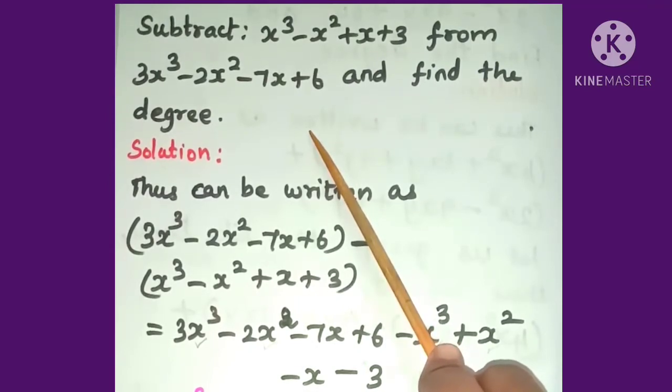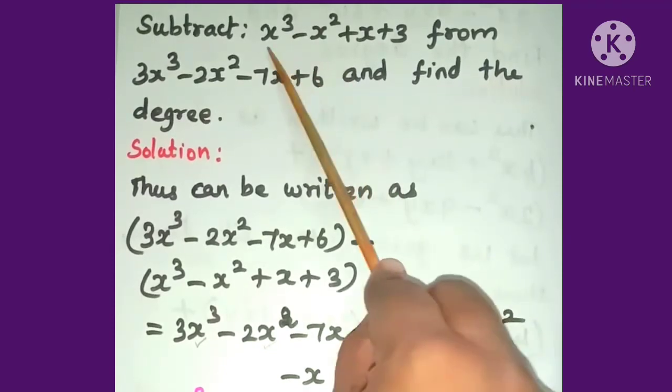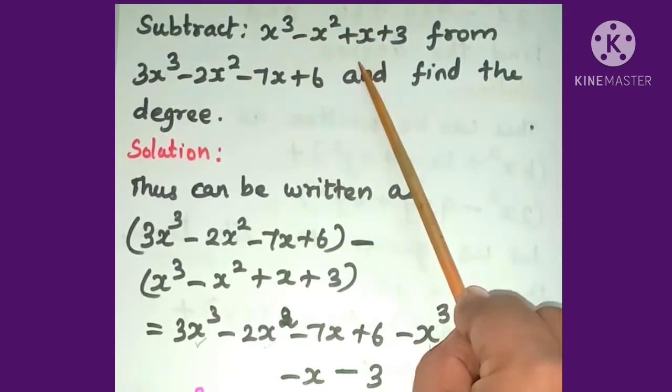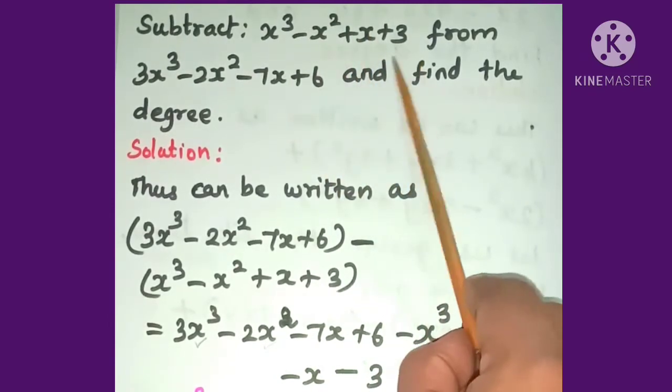Standard form means it is in ascending or descending powers of x. So we can arrange them in ascending or descending powers of x. Here the given two expressions are in standard form. So move on to the next step.